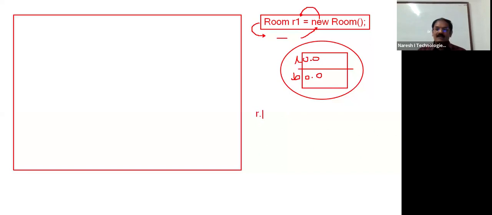And later you wrote R1 dot setL of 100. That means after room construction is completed, you are extending the room. Can I go to that wall and push it to extend the length? Not possible. Are you following my point? So this is a wrong design.